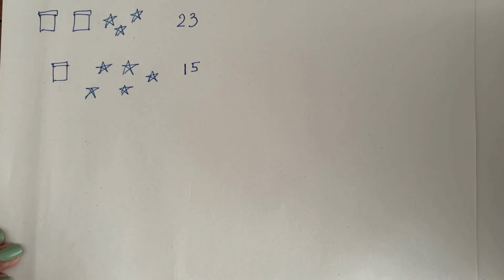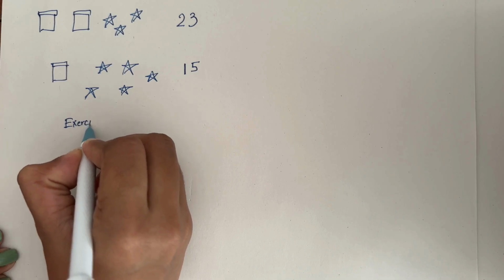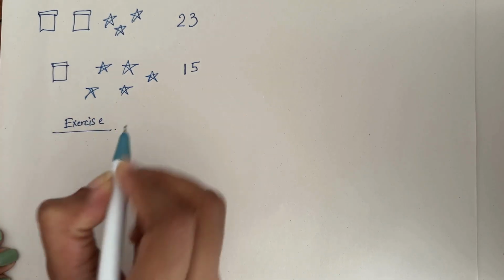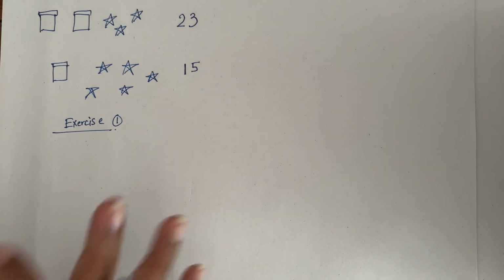Now let's do an exercise. I will give you some boxes and stars, and you have to write down the number represented by these boxes and stars.